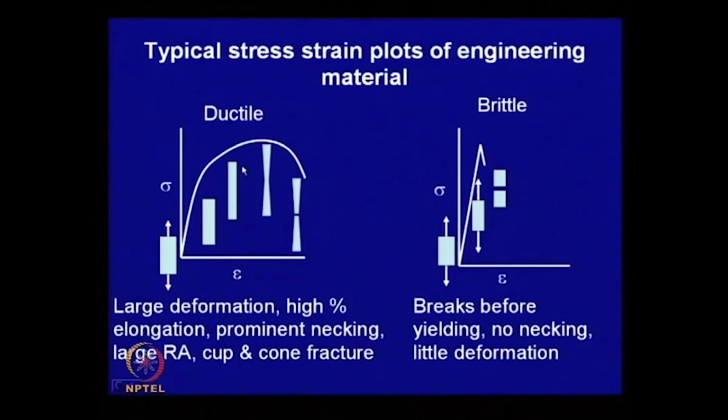There is a pronounced necking, and the nature of the fracture is called cup and cone type of fracture. You can calculate reduction in area by measuring the area over here; the change in area divided by original area is the reduction in area.